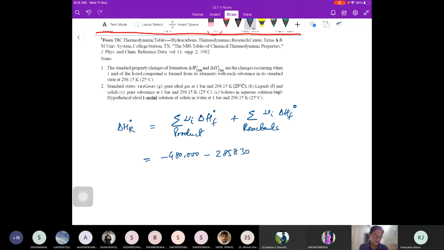And for the reactant, minus 484,500 into minus 1, right? Yes, sir. It's nu, right?